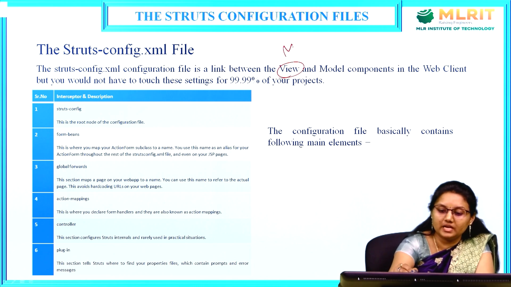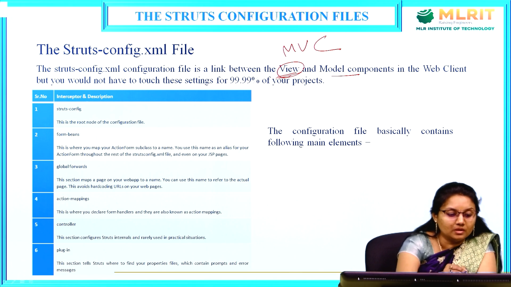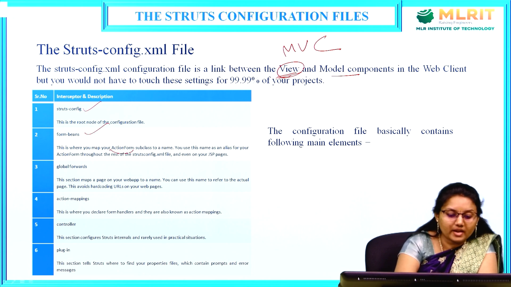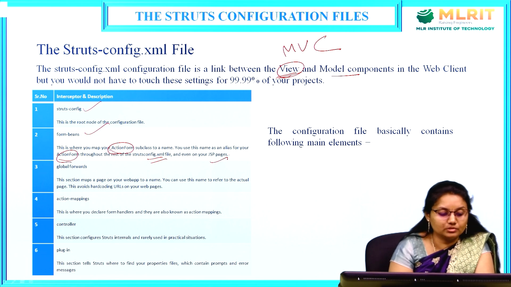So MVC architecture we have discussed. Among that, there is a link between view and model in the projects. So these are the things. Struts config, there is a root node we will give. Form beans, this is a tag where you map your action form to the name and use this name as an alias for the action form throughout the configuration files, and even on your JSP files you can use.